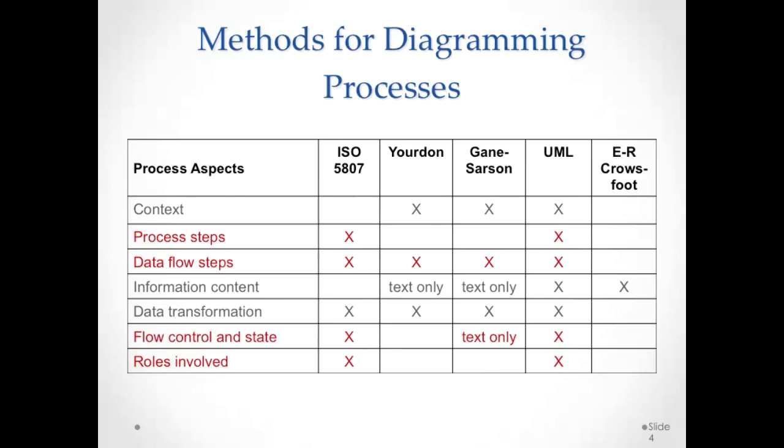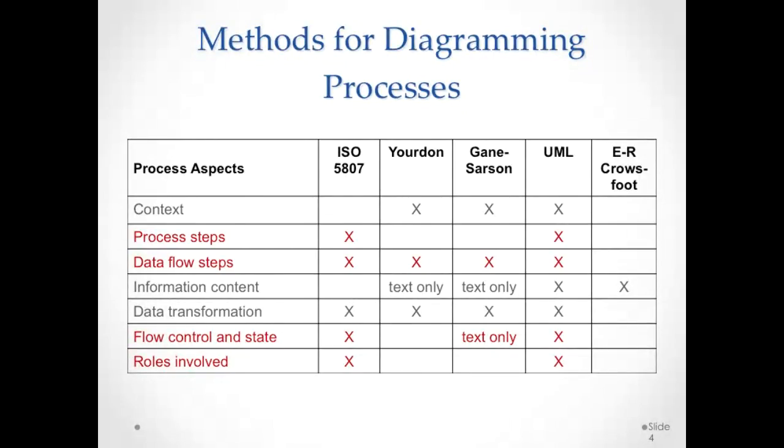So the process aspects that you might want to represent are the context in which an information system is going to exist, meaning what's in the system versus what's in the environment external to that system. We might want to represent process steps in a process. If we were going to write a standard operating procedure, all of our SOPs here, at least on the data management side, have process flow diagrams attached to them.